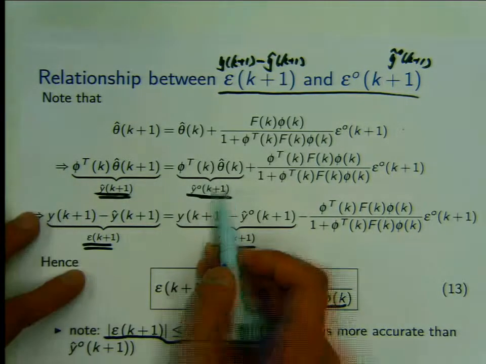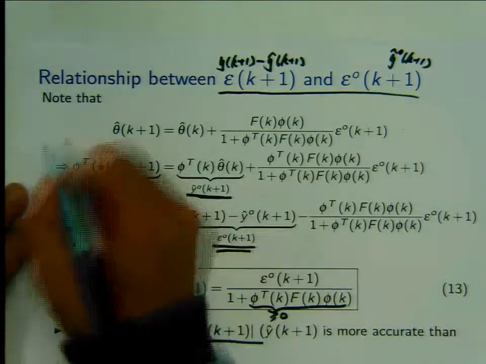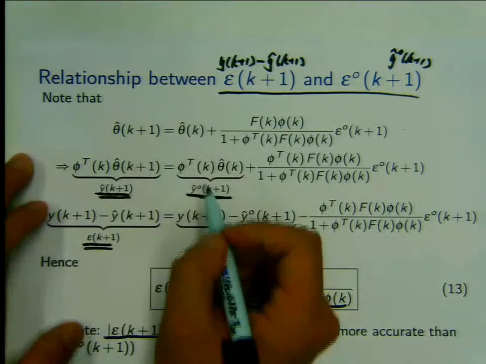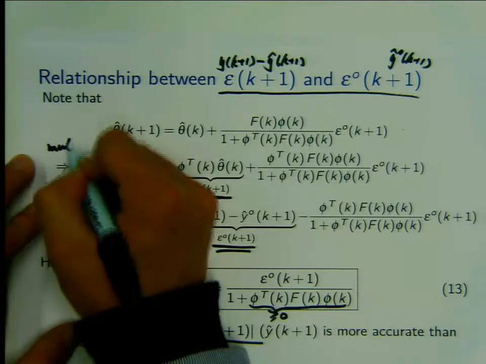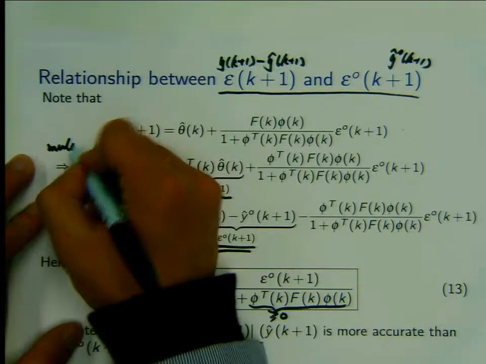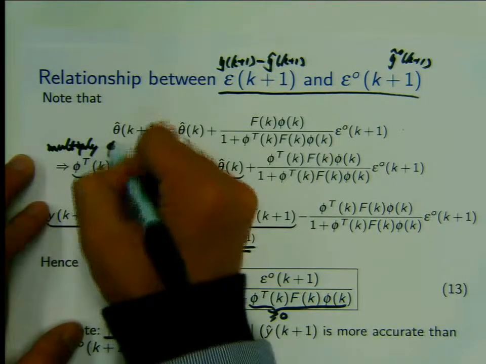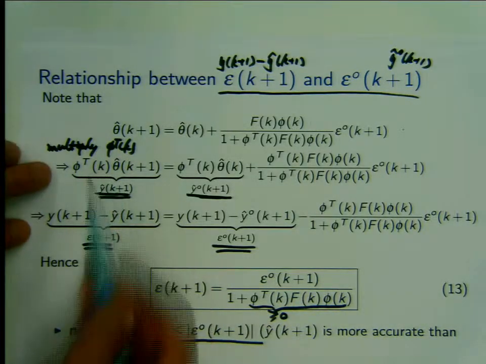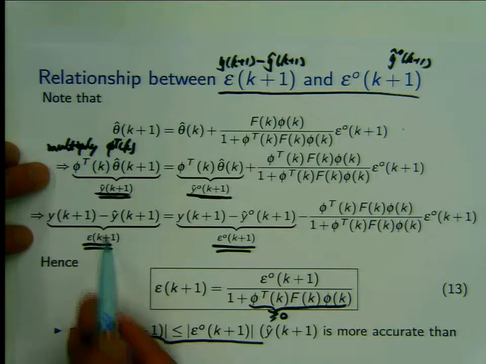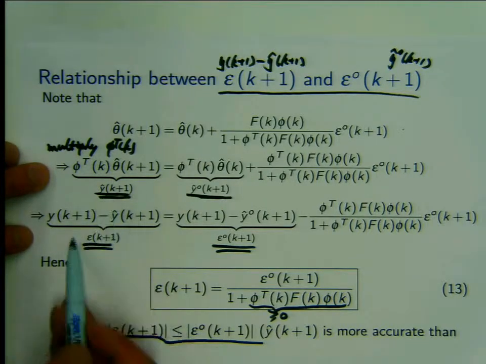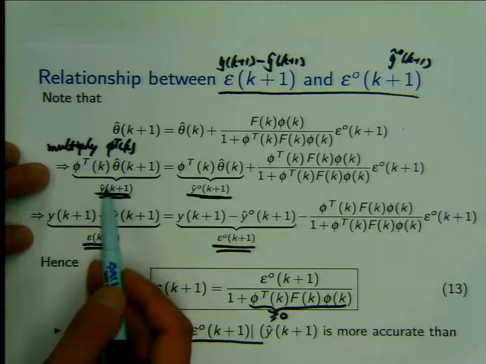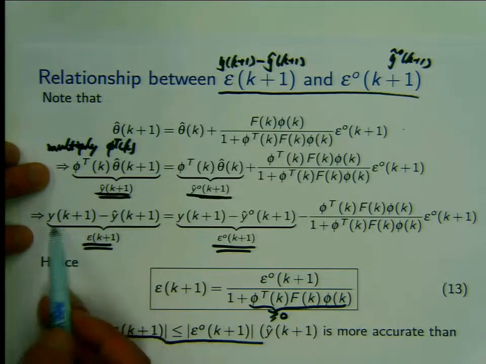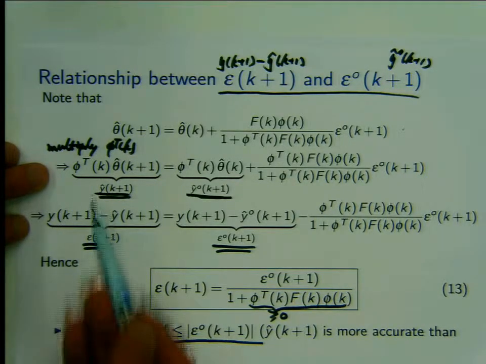So do this multiplication, and then to obtain the error, subtract yk plus 1 on both sides.